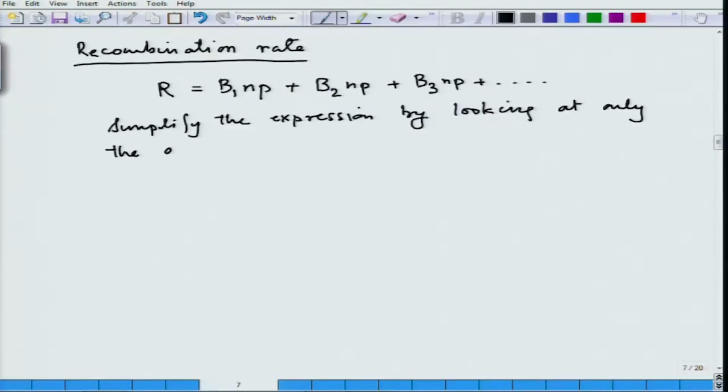But this does not mean that I am limiting myself, because since each of the mechanisms is independent of each other, I can always add the rates as I have shown here. So, I am going to derive the equation only for one simple mechanism, but if I have more than one mechanism, I will just add the rates for each one individually.